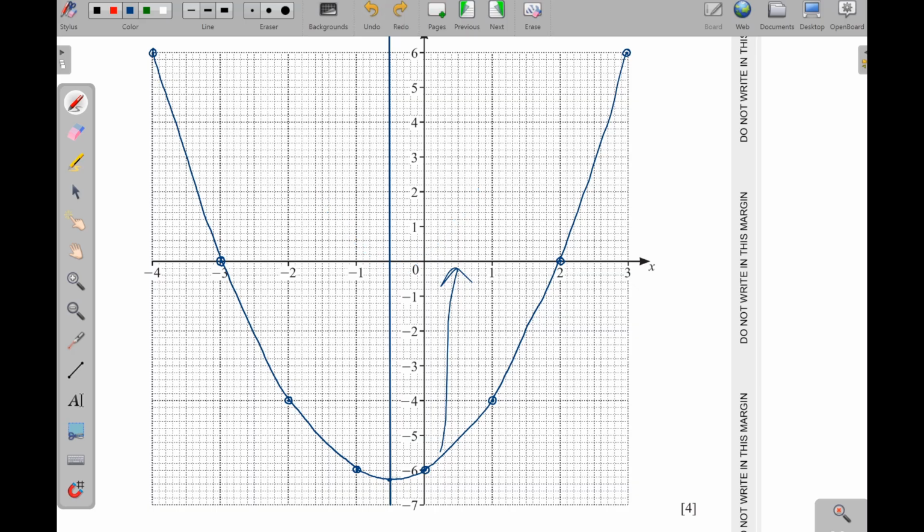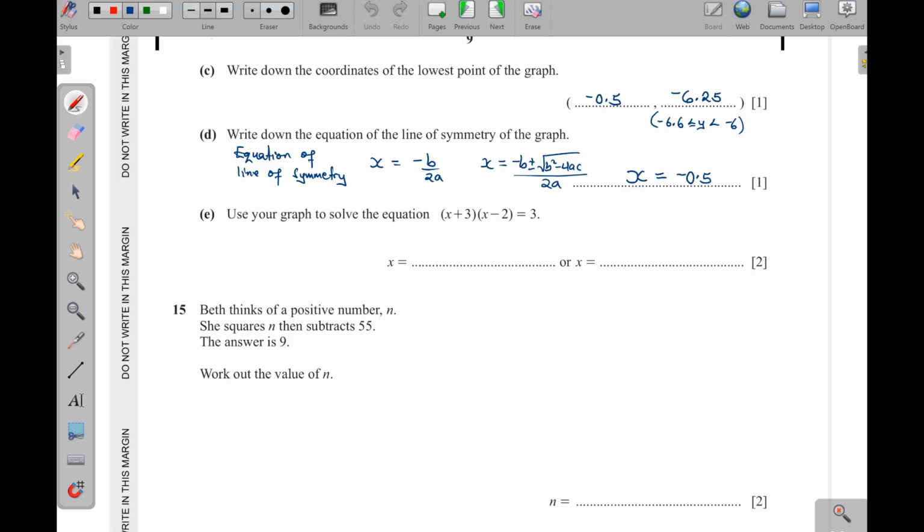So for that one root, that means the x-axis is a tangent to this curve, so it is going to cut the x-axis at only one point. You see that? So for that case, the b squared minus 4ac is going to be equal to 0, because you are getting one value from there.